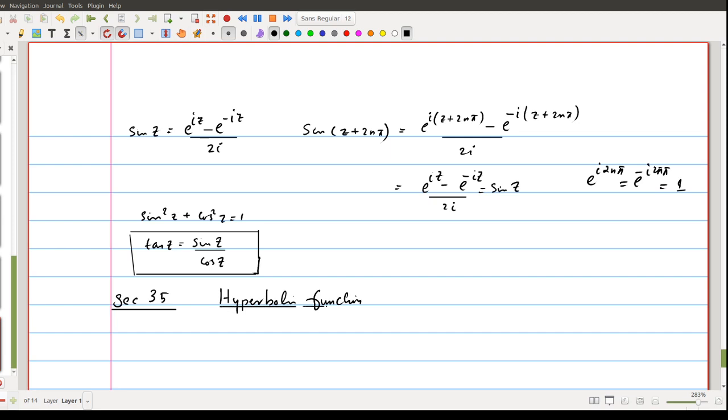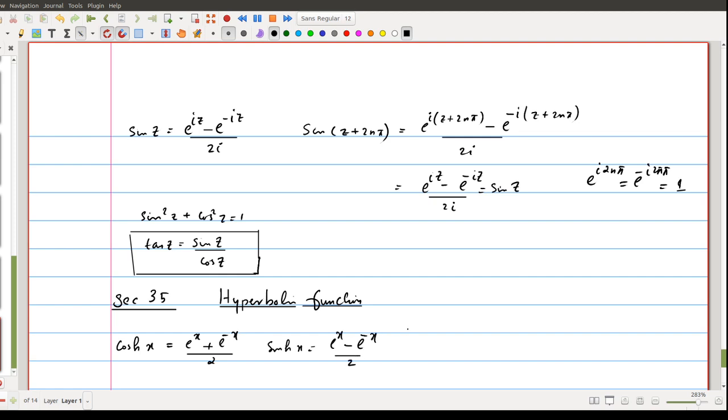Hyperbolic real function is defined as cos hyperbolic x equal to e to the power x plus e to the power minus x divided by 2. Similarly, sin hyperbolic x equal to e to the power x minus e to the power minus x divided by 2.